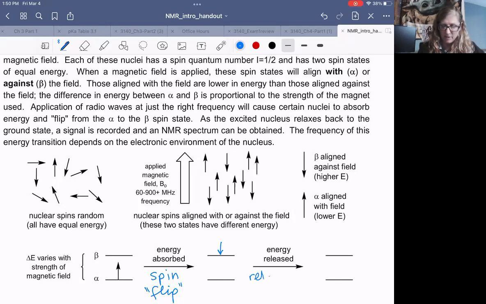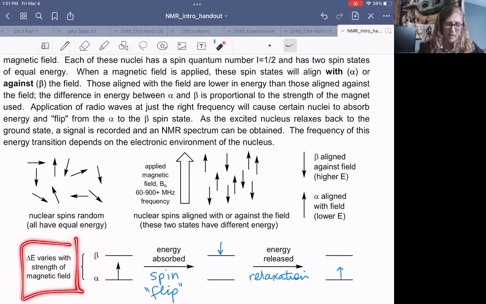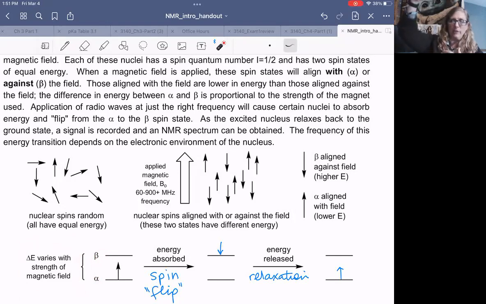We describe this process as the relaxation stage, and as it goes back down, this is how we end up observing a signal. The energy difference between the alpha and the beta state varies with the strength of the magnetic field. When you have a stronger field, that's a bigger difference, and so we're able to get much better resolution because we're able to distinguish two nuclei that are maybe very similar otherwise.